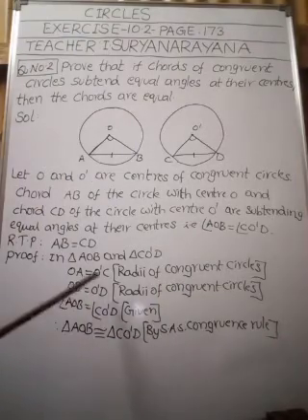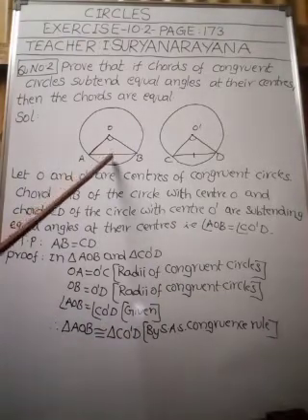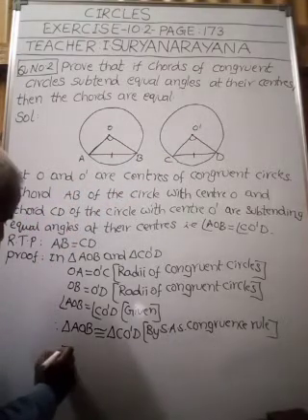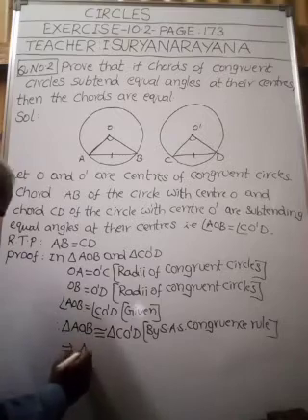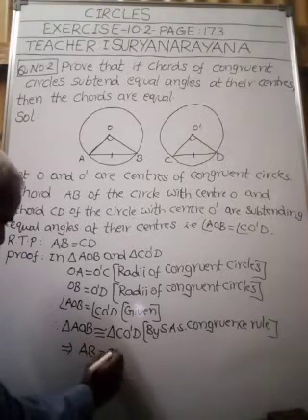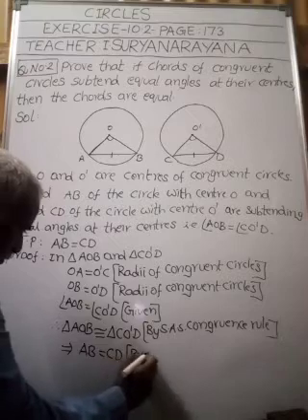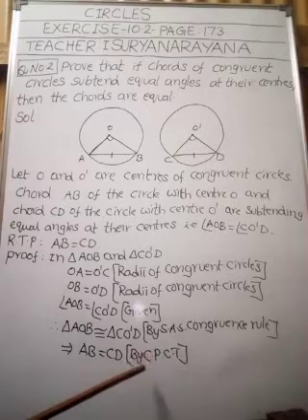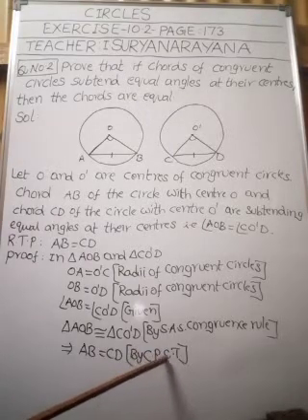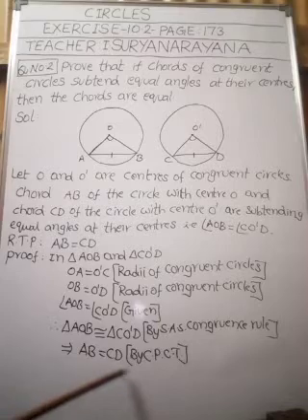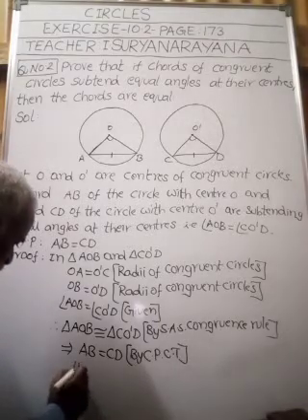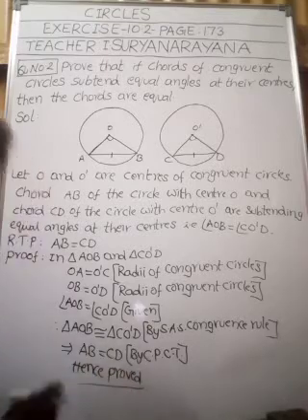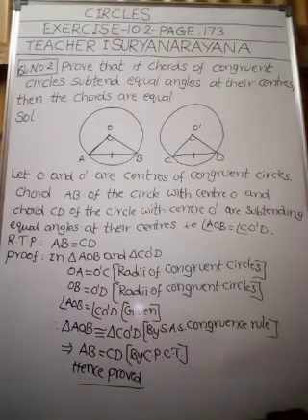This implies AB is equal to CD by CPCT, which means corresponding parts of congruent triangles. Understood this step, my children? Hence proved.